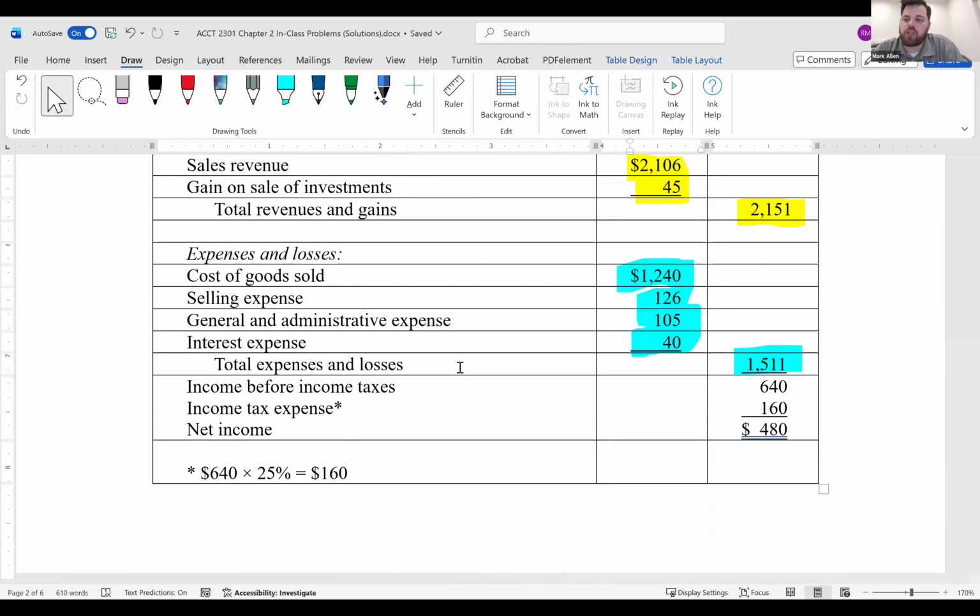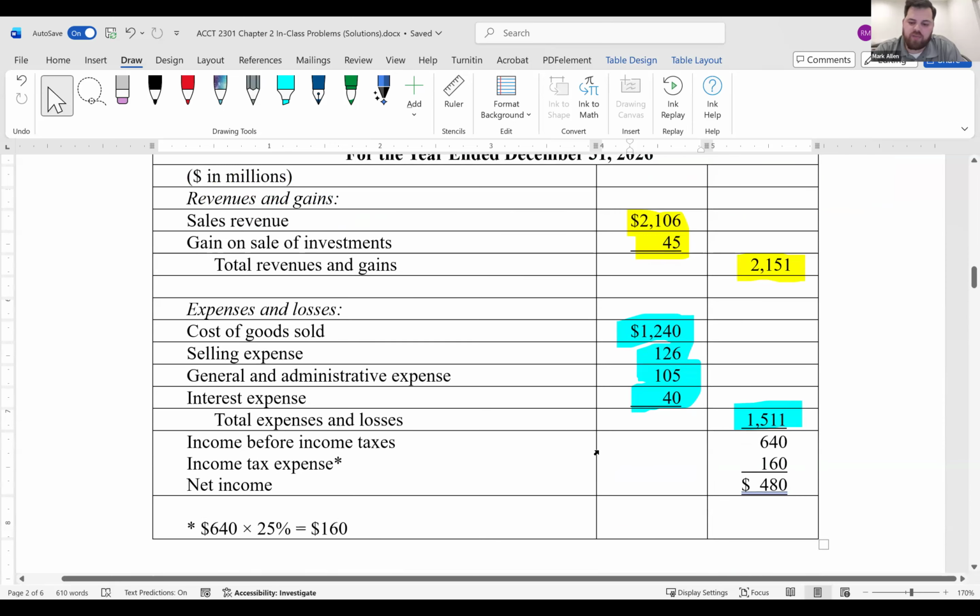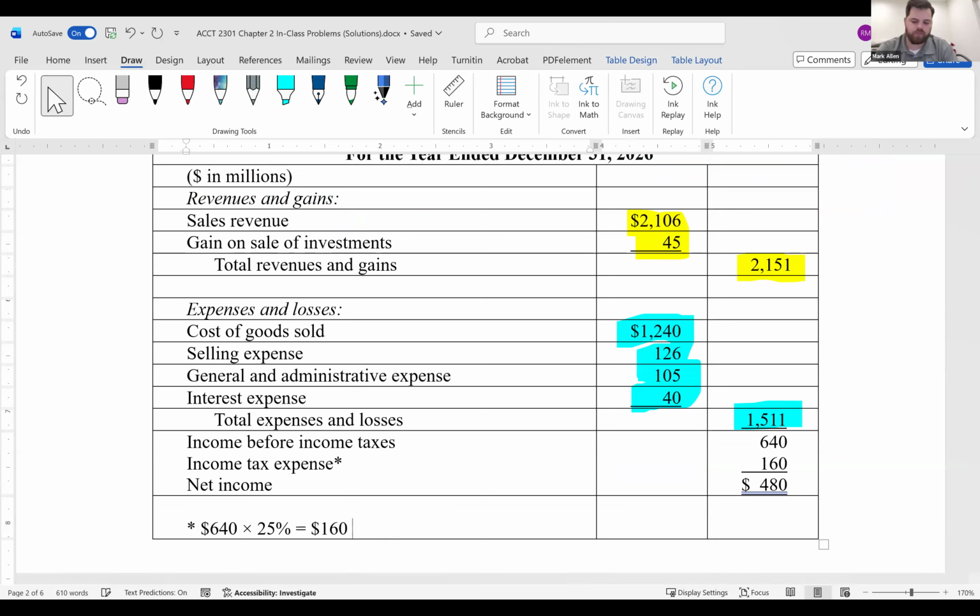We then have to actually compute income tax expense. They told us, though, that it is a 25% rate. So we'll take 25% times 640. So that would be 640 times 0.25.